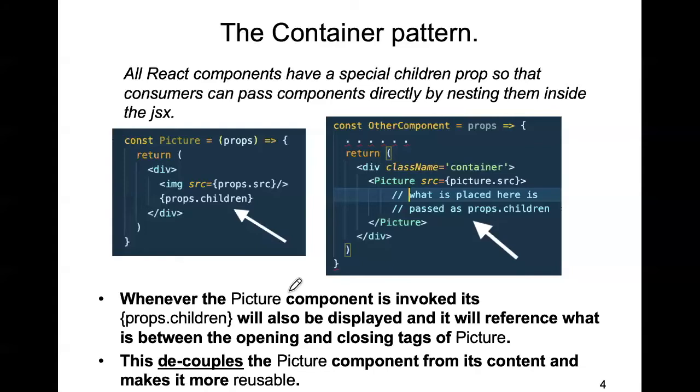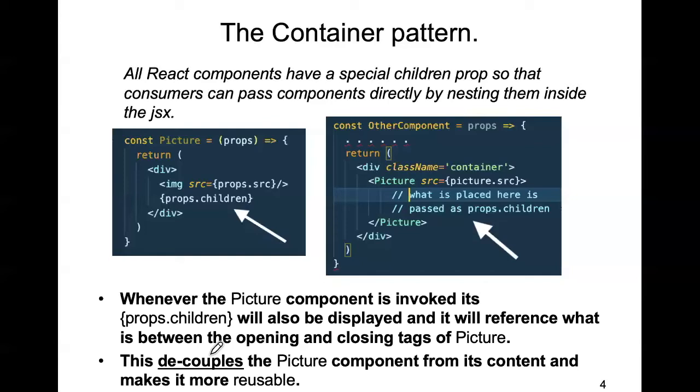So what's the point of this? We're decoupling the picture component from its content. As I said, some of the content for the picture component is being provided by the consumer of that picture component.